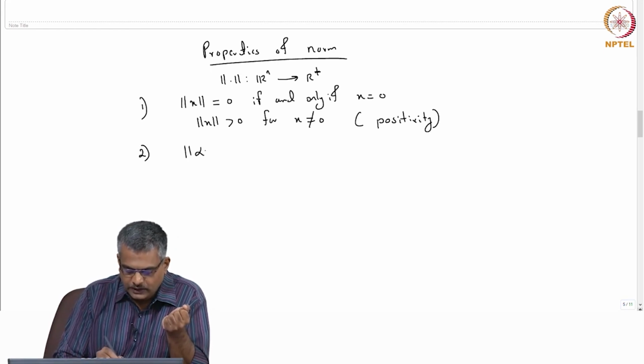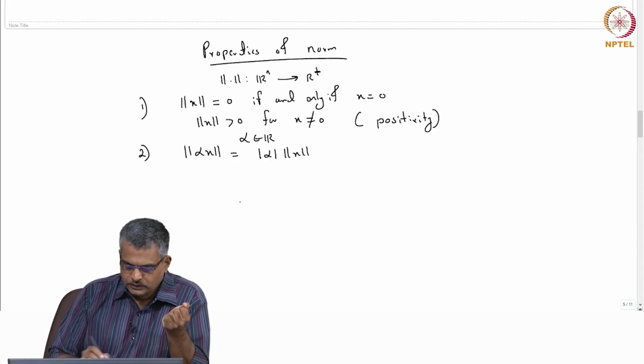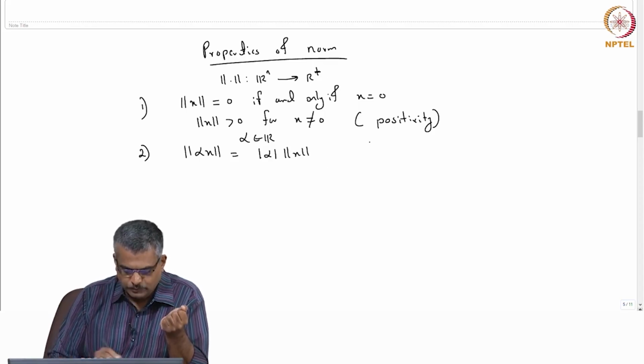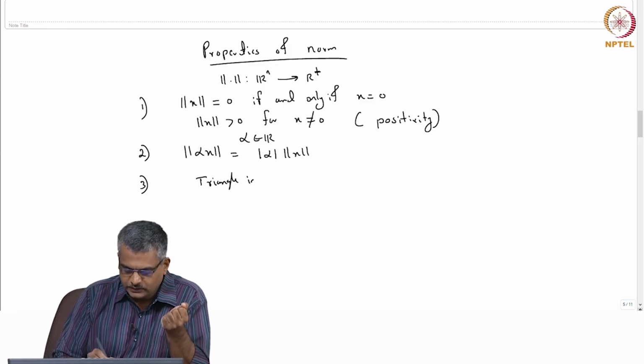The second property is about scaling. Norm of alpha times x, where alpha is a scalar, is nothing but the absolute value of the scalar times the norm of x. This is the scaling property, and the third property, which is the most important property, is the triangle inequality.